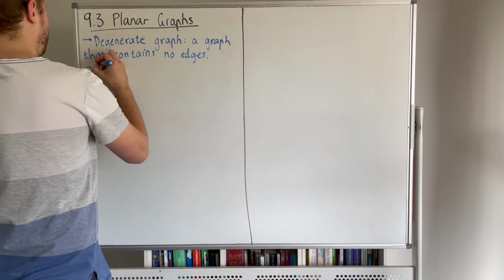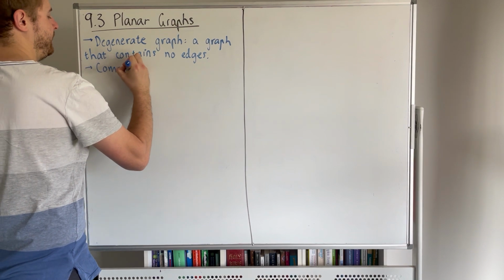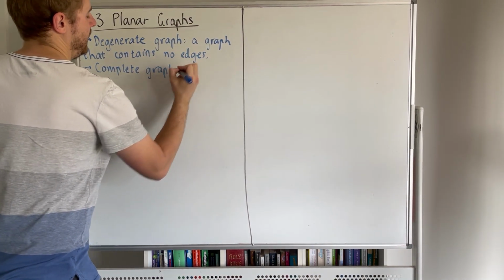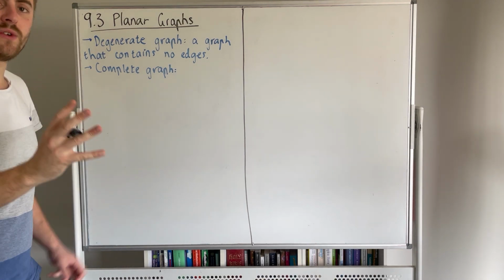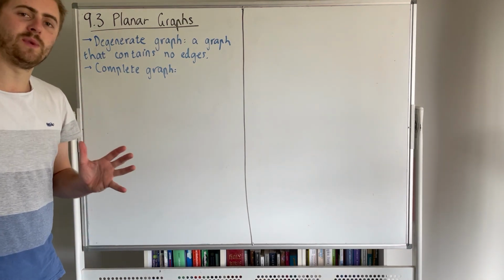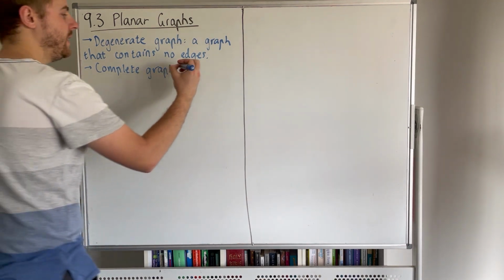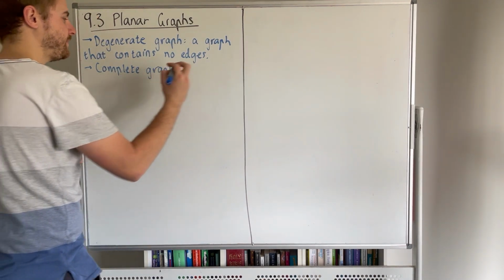All right, one that you would have seen before is what's called a complete graph, where every single vertex in your graph or network is connected directly with just one edge to every other vertex in your graph or network. So I'll draw up an example of that one.